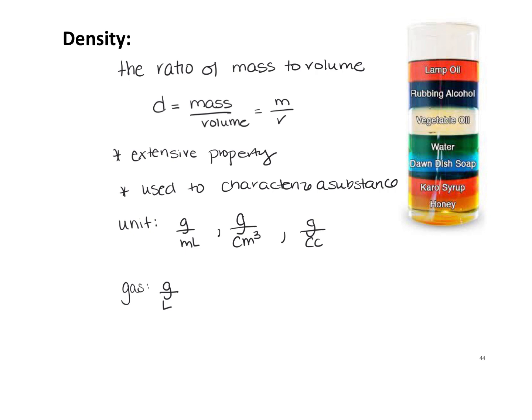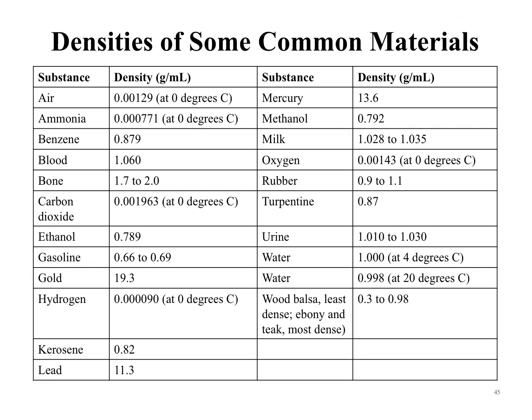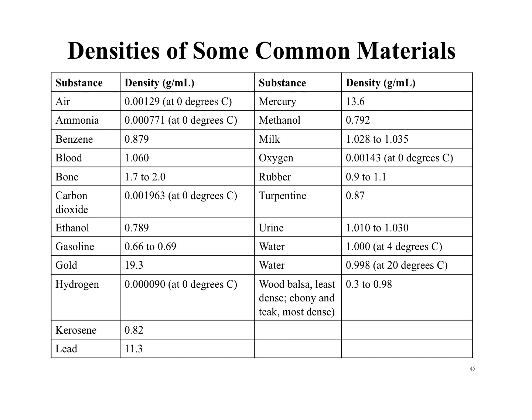Before we get into that, I want you to see some densities of common materials. So this is a chart. Do not memorize this chart. It's just an example of some different densities that we have here. When you look at the chart, you can see here, this is in grams per milliliter. The density of air is very, very small.